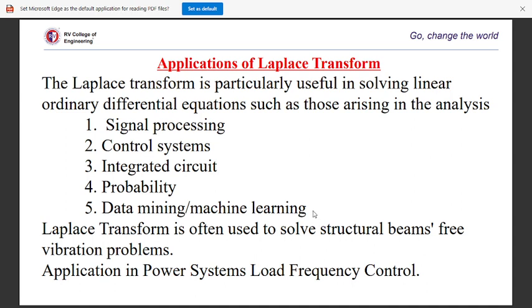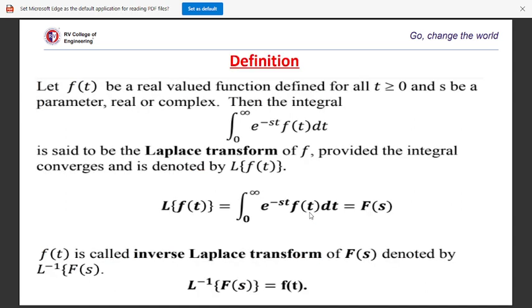Now let us define what is Laplace transform.